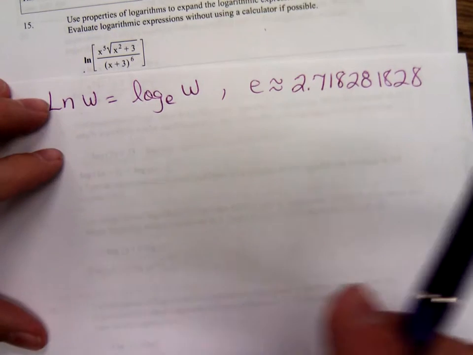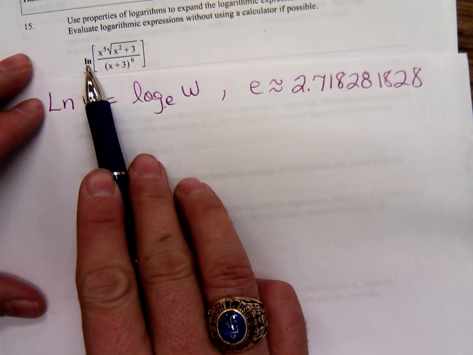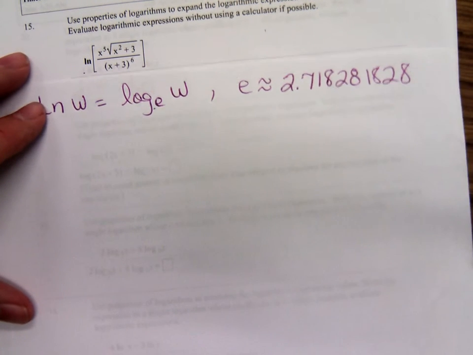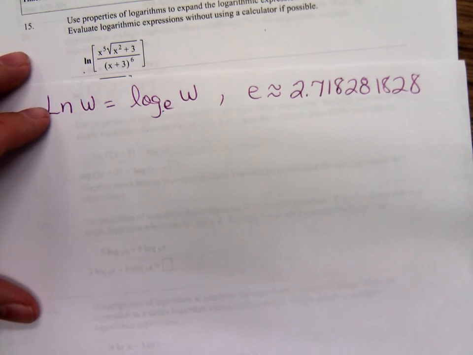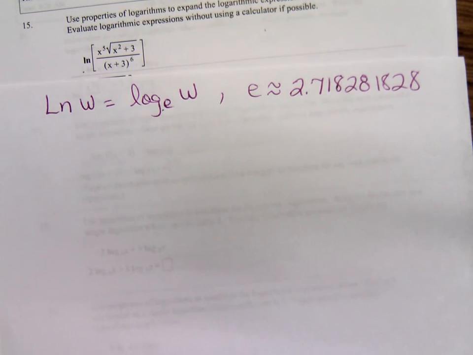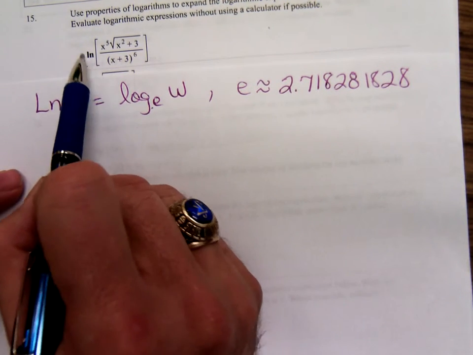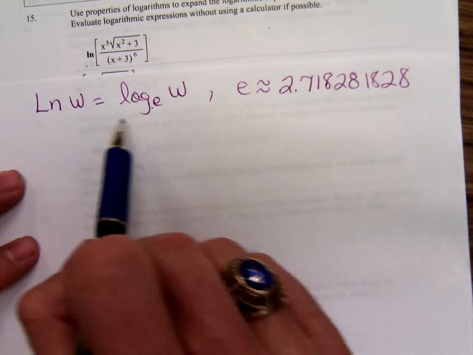You don't have to be typing in a base. It looks like an I N, but type it in as an L N. Some calculators use a capital L, and I wrote a capital L here, but use a lowercase letter L when you type in your answers on MyMathLab. MyMathLab works really best if you never hit a capital letter, because when you type it in with the lowercase ln, it'll bold it like that and space it out really nicely.